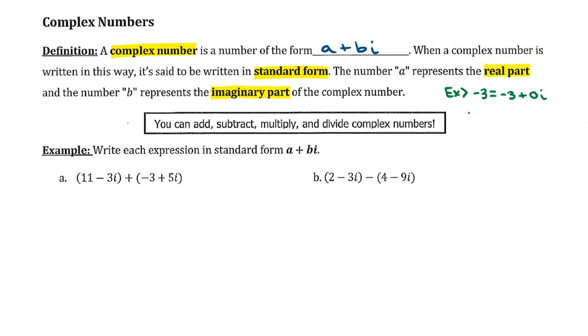If we had the number pi, we could write that as pi plus 0 copies of the imaginary unit i. So there would always be a way to rewrite a real number in this complex number format. But it doesn't work the other way around. Not every complex number is a real number.